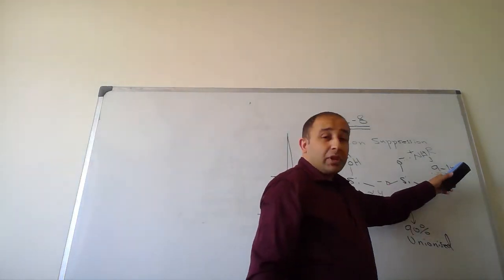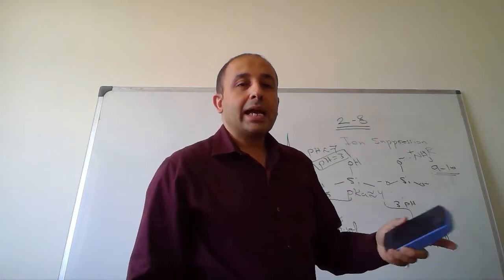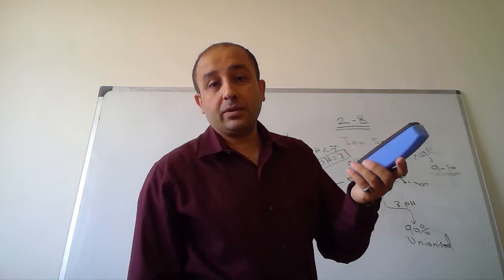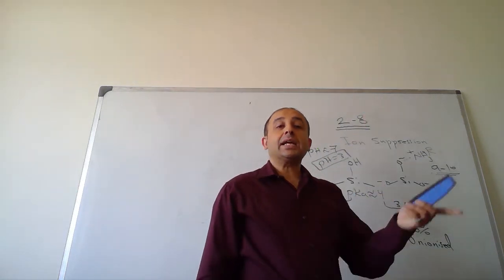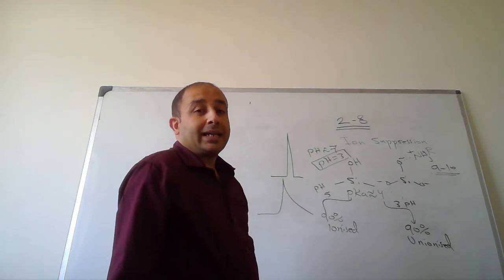In order to get them in unionized form, I have to increase pH above 10, for example 11, to make sure that 90% of these groups are in unionized form.